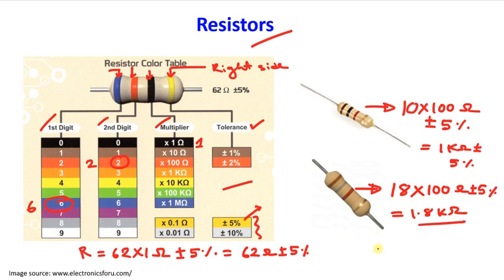So now if some resistor is given to you, then from its color code you should be able to tell the value of its resistance, right? This is also important for your laboratory course.